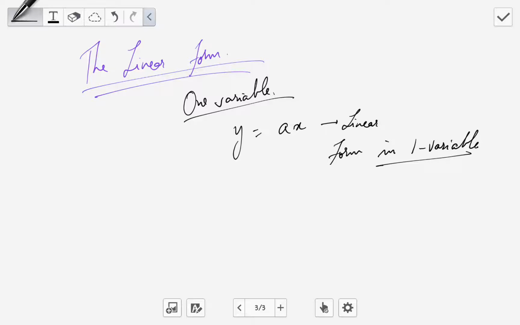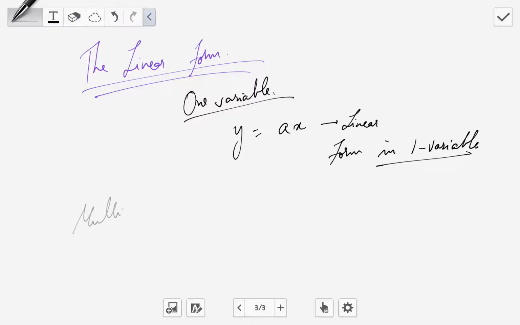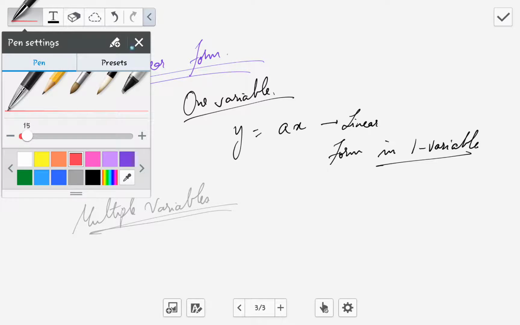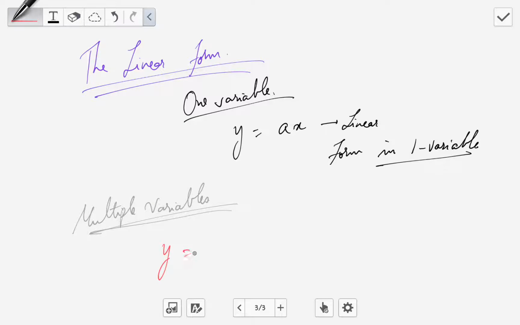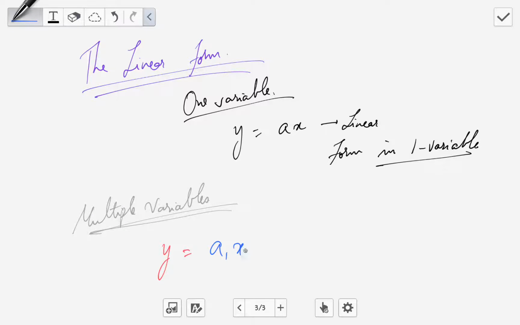Now, if we have multiple variables, how would the linear form look like? Some linear combination of x, so it will be y is equal to a1 x1 plus a2 x2 plus so on up to an xn.